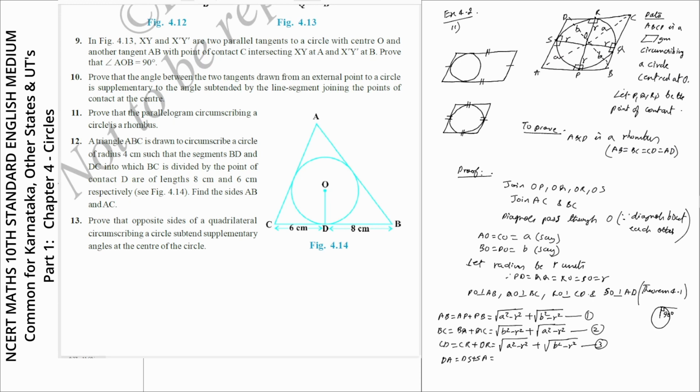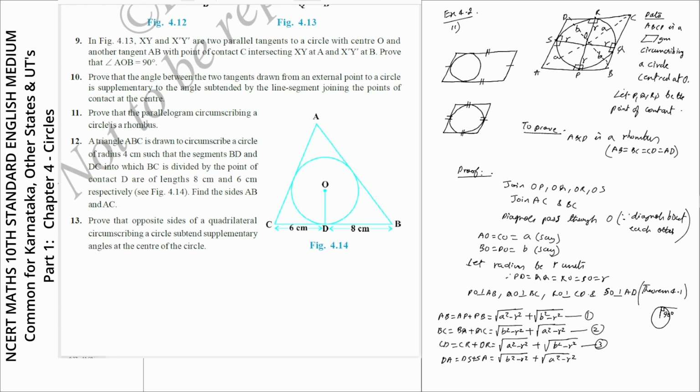So length of DS is square root of B square minus R square plus length of SA. SA is square root of AO square minus SO square, that is square root of A square minus R square.